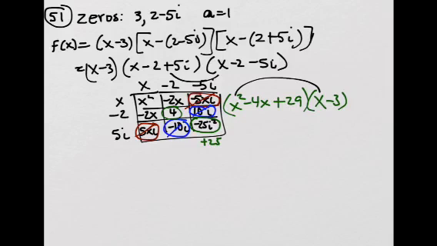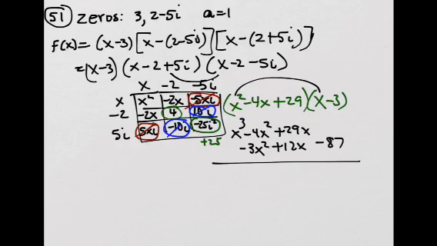So this would be x cubed minus 4x squared plus 29x, and then the negative 3x squared plus 12x minus 87. Combine: x cubed minus 7x squared plus 41x minus 87, and that's the answer.